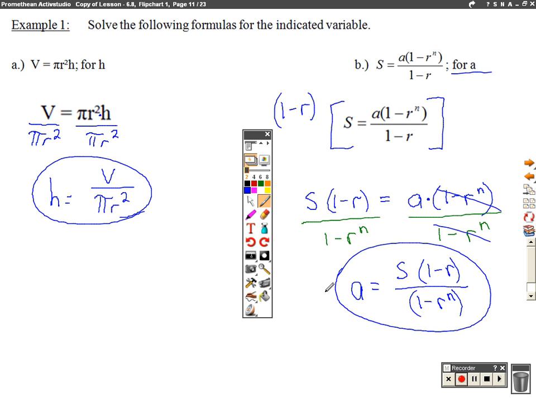Make sure that your answer cannot contain the variable you're trying to solve for. Even though I have a by itself here, if I had an a over here as well, that's no good. But I don't, so I'm in good shape. If you wanted to distribute the s, you could, but it's not necessary. You could just leave it factored. You would look to try to cancel some factors, but we don't have any that could cancel, so we just leave it like that.